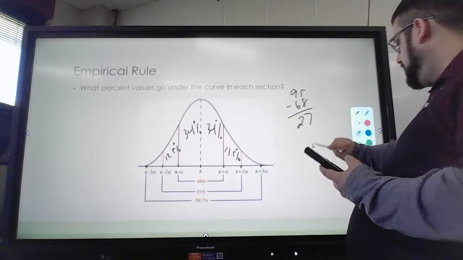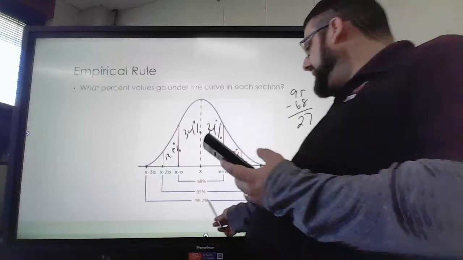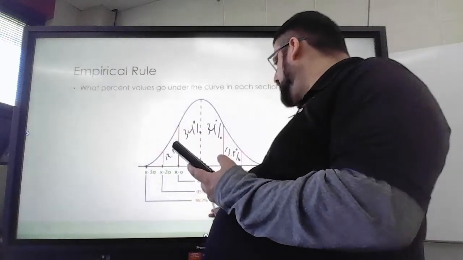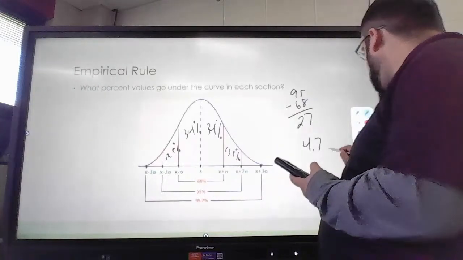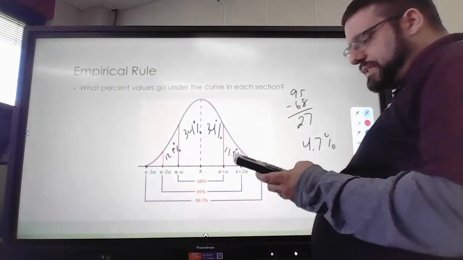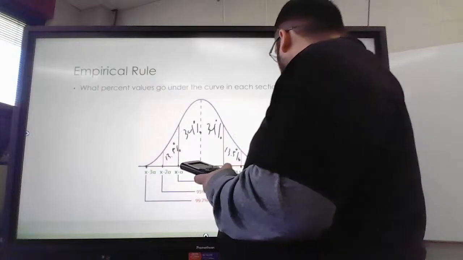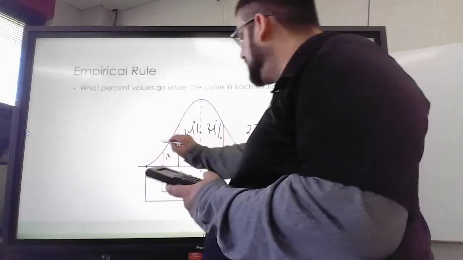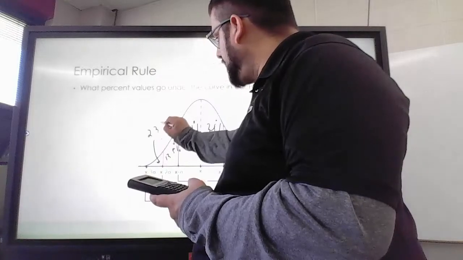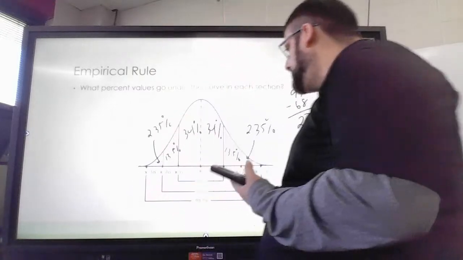Apologies, I'll start over. So this is 99.7%, this is 95% here. So these account for 4.7%. Now if I divide that by 2, that means each of these is 2.35%. Well, what about the rest?